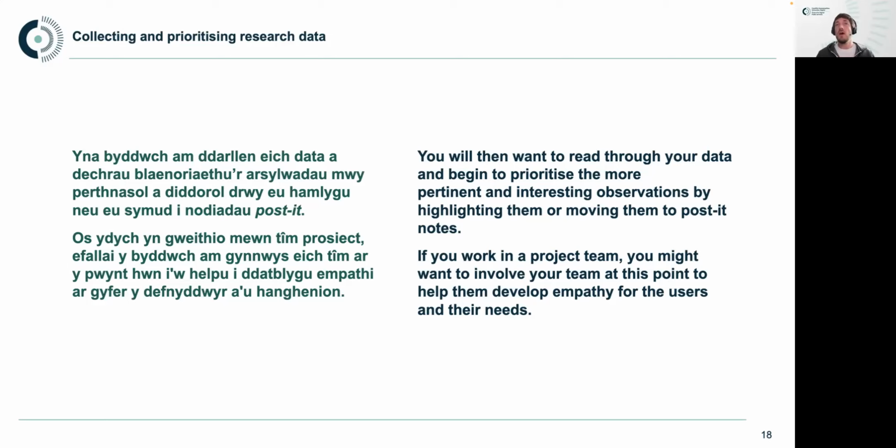Then you can include your project team if you want as well. It's, like Promise was saying, quite a collaborative method of analyzing information, and it helps get people involved. It also helps your team to develop empathy for the users and for their needs, which can be really important then in getting that buy-in and driving the project forward.